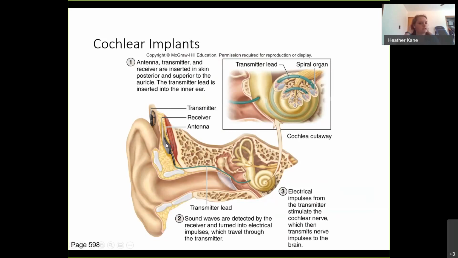The transmitter is going to be something that's clearly visible if an individual removes their hair. Then this receiver and this antenna are going to be attached to your cochlea through this transmitter lead. And this transmitter lead is then going to basically act as the cochlea. It's basically going to be a cochlear transplant.